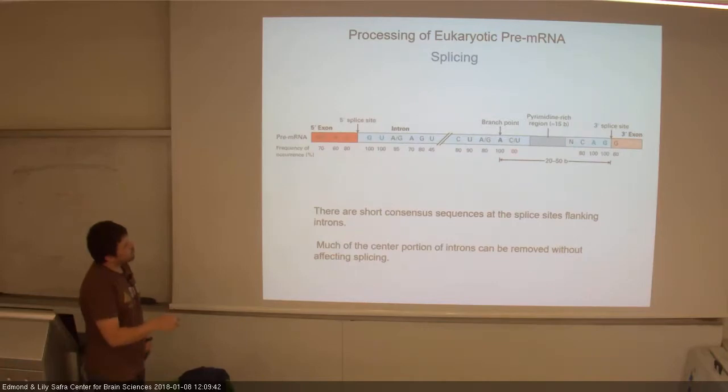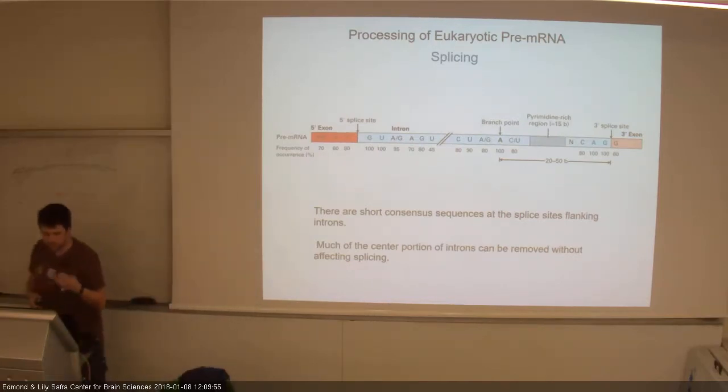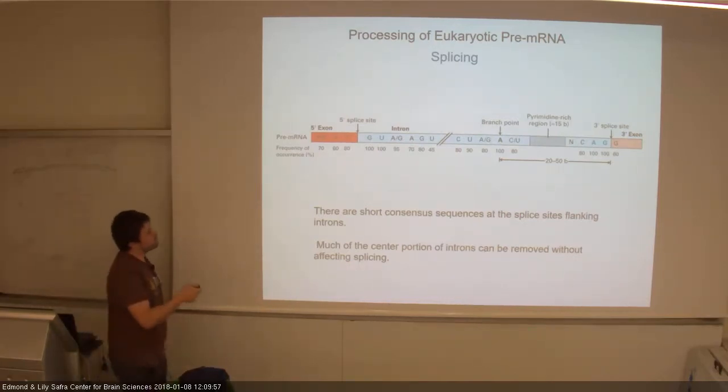Normally you will also have this A located somewhere inside the intron itself, and other types of elements, but they're less important. Much of the center of the intron doesn't really matter in terms of what you have inside.